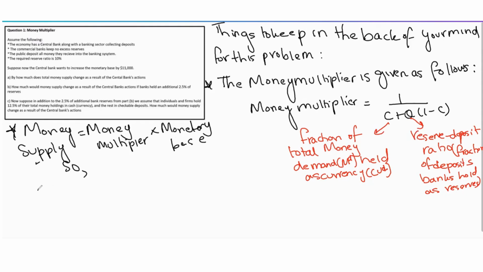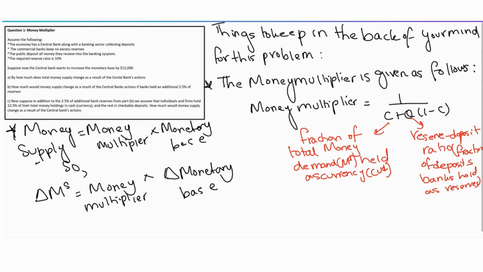So the change in the money supply is the money multiplier times the change in monetary base. We know the money supply is MS.